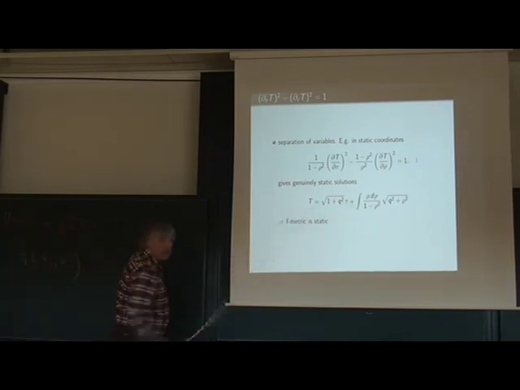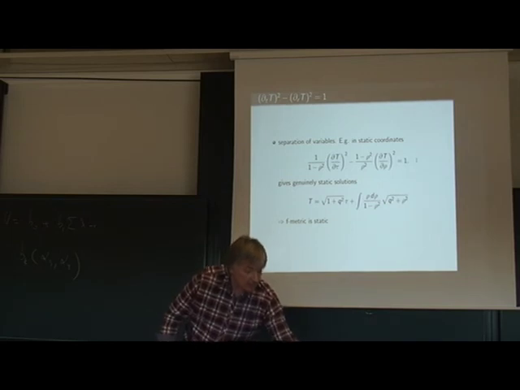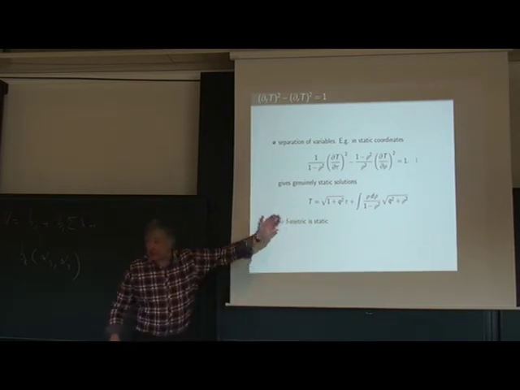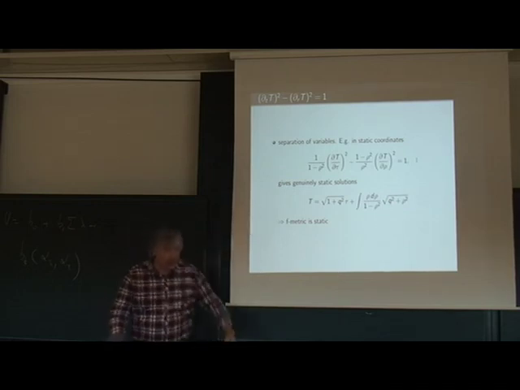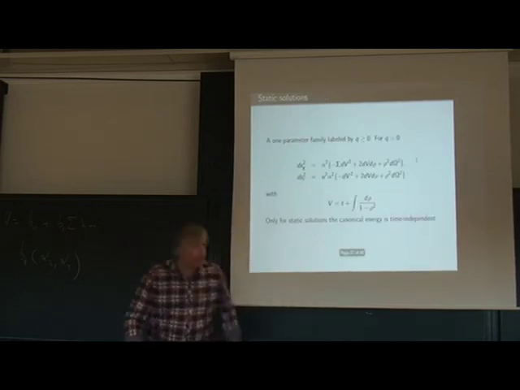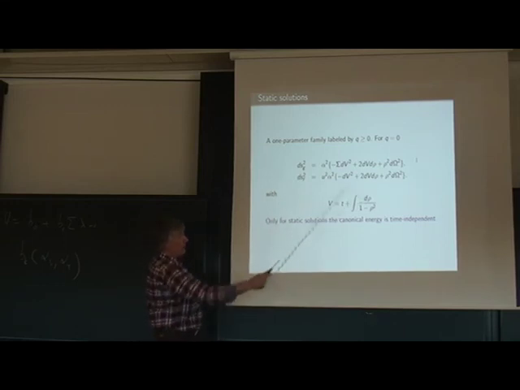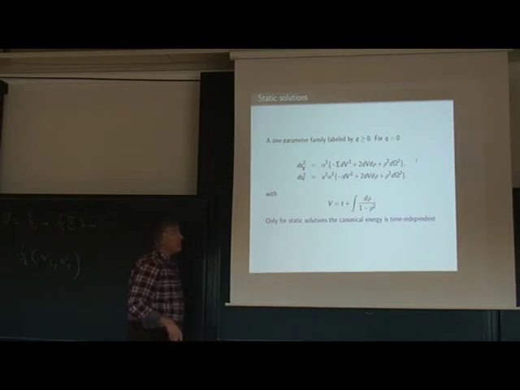And all static solutions are written here. And now I think they are candidates here. And now I want to compute the energy. By the way, the static solutions can also be expressed in the following nice form.